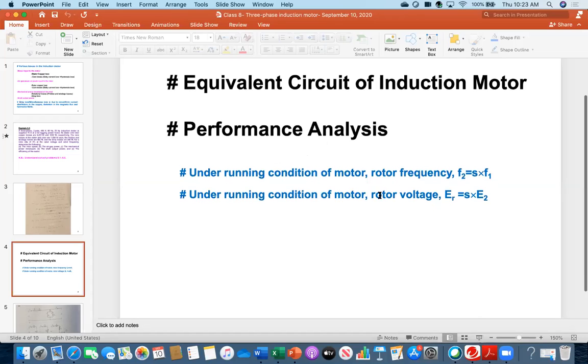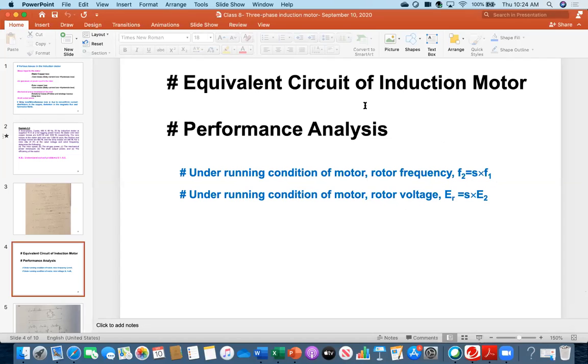Now, first you all have to remember these two things, which I discussed in the last class. Under running condition of the motor, the rotor frequency is f2 = s f1. This means before running the motor, the rotor frequency and stator frequency are the same, which is f1. But once the motor has started running, this is the relationship.